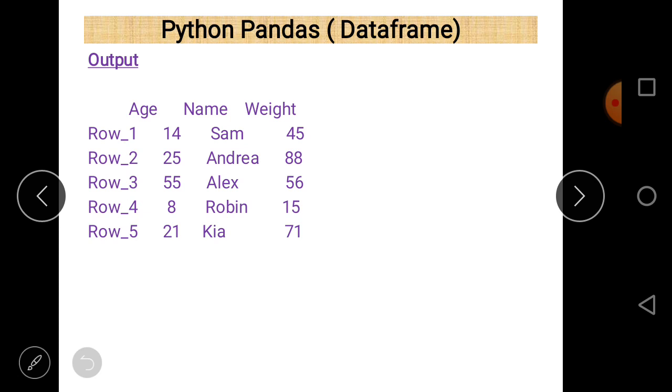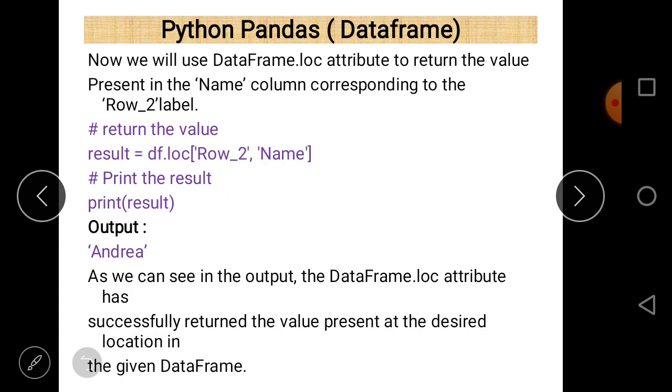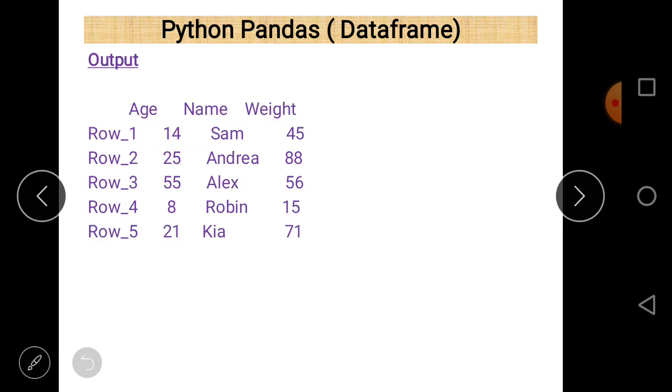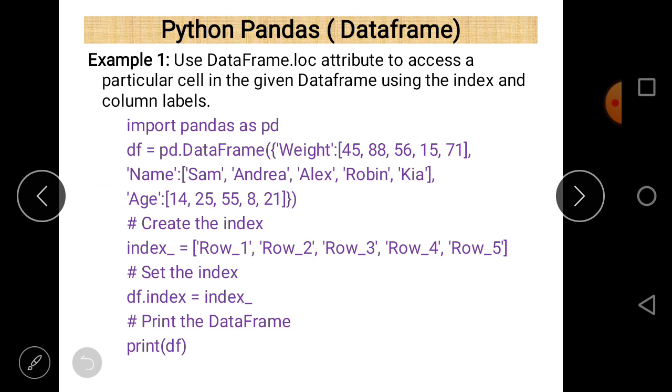But in the original data frame, when we execute the statement or program, then age is the first column, name is the second column, and weight is the third column, which is different from the original data frame, because in the original data frame which is used in this program, weight is first, then name, and then age.